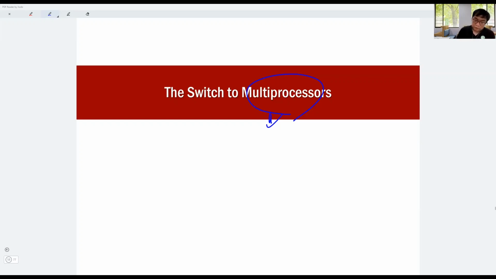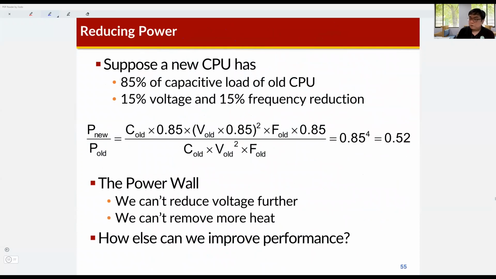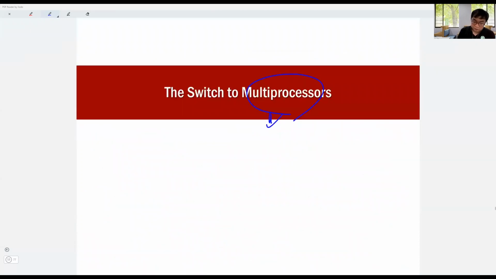So actually, when we mention the performance of a CPU, what we learned is that in order to measure the performance of a CPU, we just measure the CPU time.